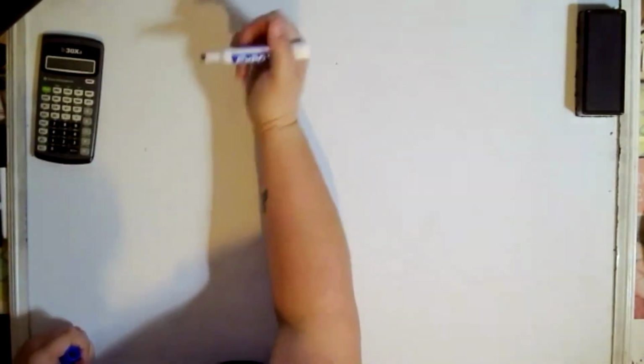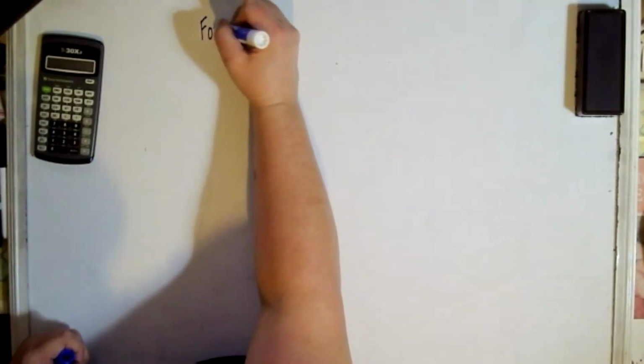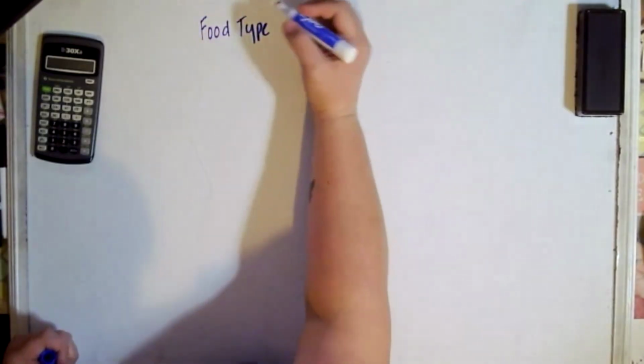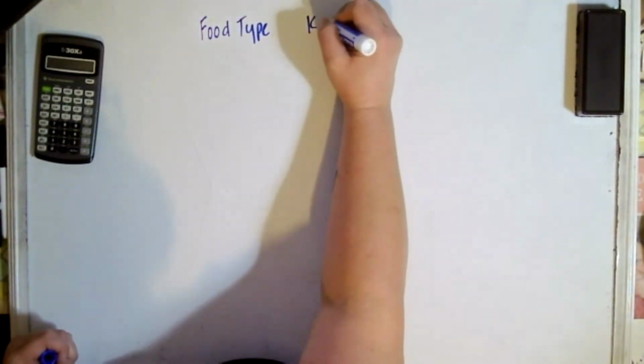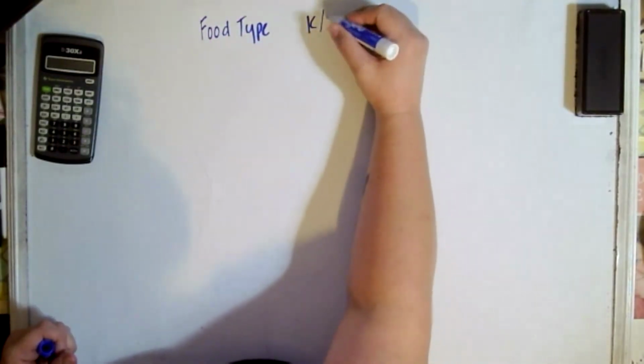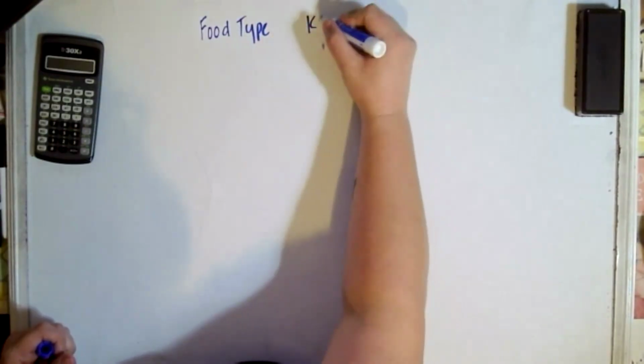First, let's rewrite our table, our food table. You don't have to have the food table memorized, but you have to know how to use it. It would be reasonable on an exam to either give you a question with the table in it or to give you the values from the table and ask you to use them.